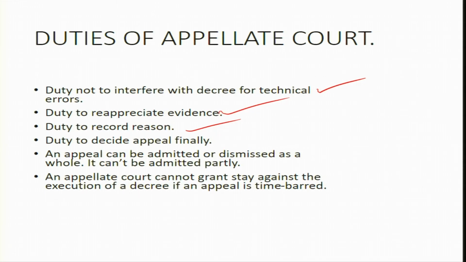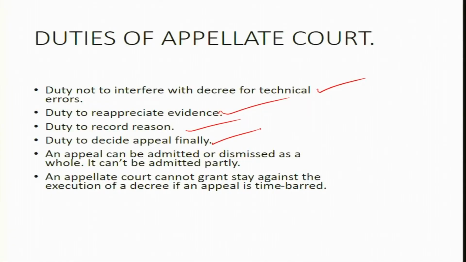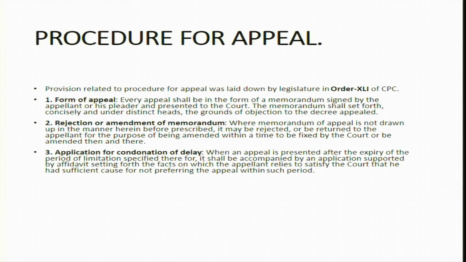The decision must be a speaking order, a speaking judgment, with a reason why you are giving this judgment. That is why we call it a speaking judgment if you record reasons. Decide the case finally, admitted or dismissed as a whole; it cannot be admitted partly. The appellate court cannot grant a stay against execution of the decree if the appeal is time barred. So these are a few duties of the appellate court, and this is the procedure of appeal.